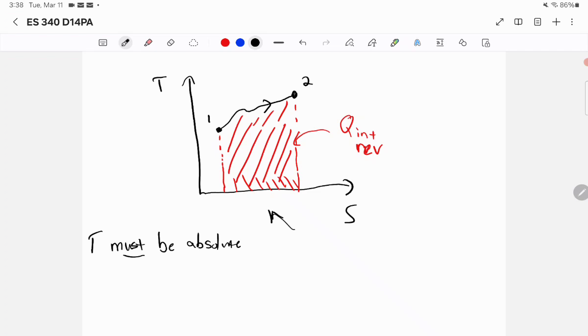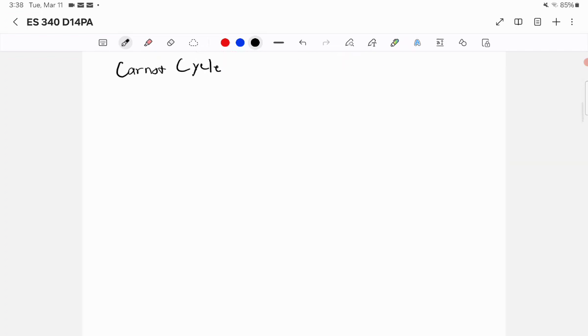In this case, I have this possibly complicated curve for the path from 1 to 2, but in some cases, such as the Carnot cycle, the path, at least on a TS diagram, is very simple, and has a very nice shape that you could, in principle, use to help you compute things such as the thermal efficiency.